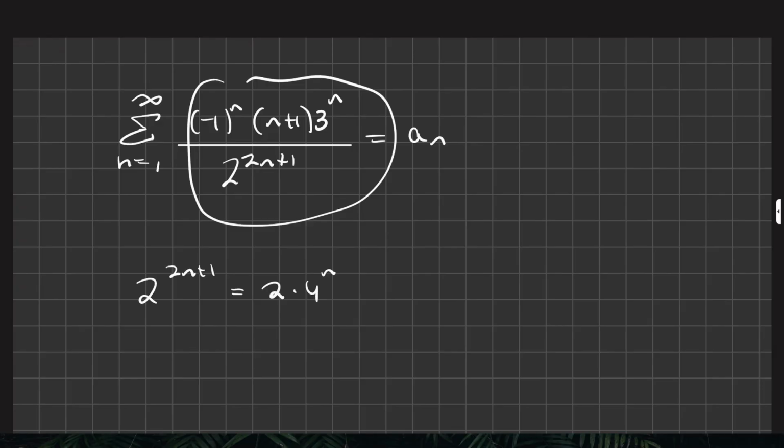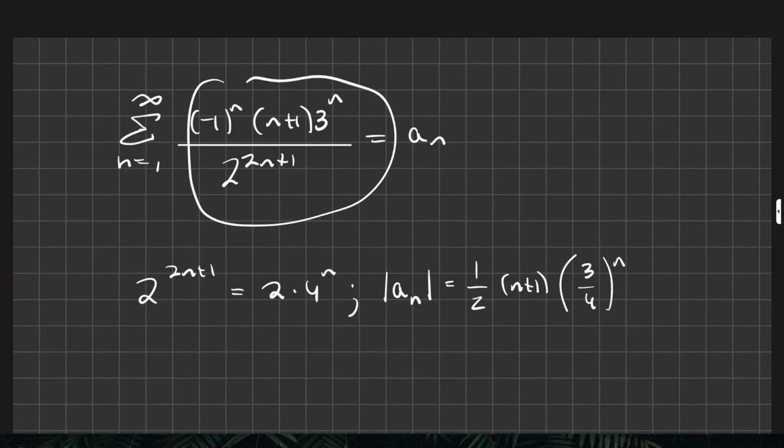Yep. And you can see that we'd get the same thing if you distributed. So this means that the absolute value of a sub n, which we need for the ratio test, is just 1/2 n plus 1 times 3 over 4 to the power of n.